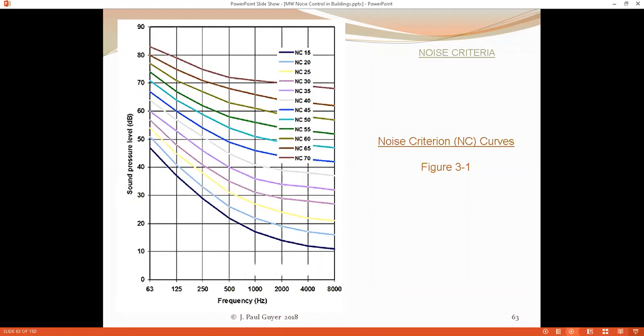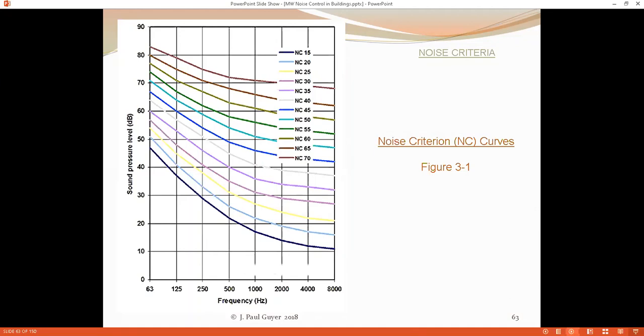And above around NC 65, 70, around there, with sustained exposure to noise environments above NC 70 long term, there is the likelihood of hearing damage for humans in that space.